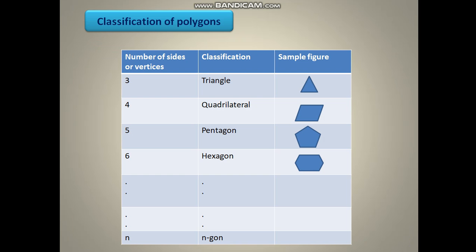You can see a figure on your screen. Number of sides 5, we call it a pentagon. And 6, we call it a hexagon. Like this, it goes on to n sides, and we call these polygons.